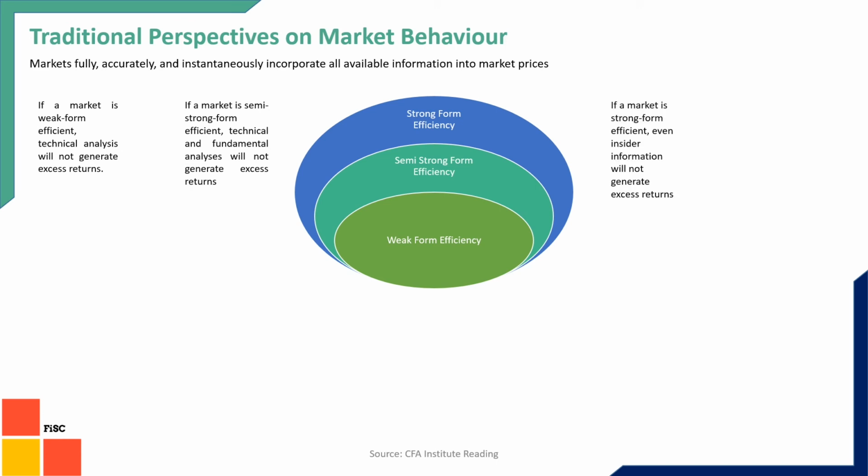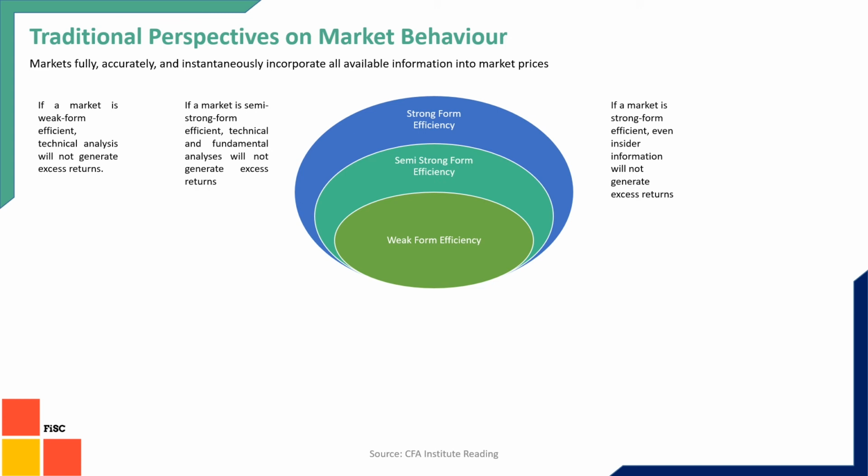Whereas in the final one, strong form efficiency, it is supposed that not even material non-public information can give you any excess return. So all these kinds of information, fundamental, technical and material non-public information, are already included in the market price. This is what traditional finance believes.